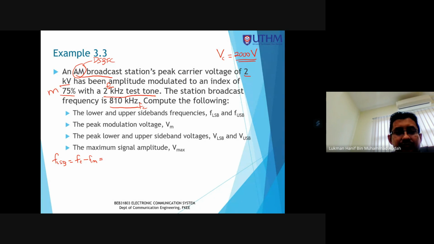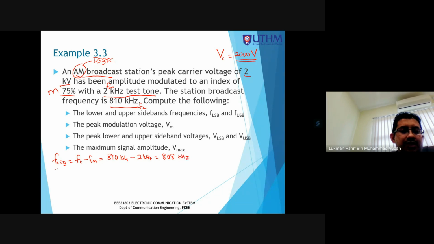So this is 810 kilohertz minus 2 kilohertz. So this is 808 kilohertz.